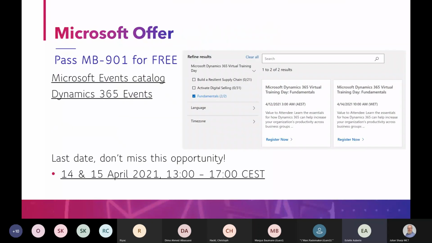Microsoft offers you the chance to pass MB-901 for free, but it's going to be the last time. From the beginning of the year, I used to see between 2 and 6 webinars per month which were eligible for a free voucher.